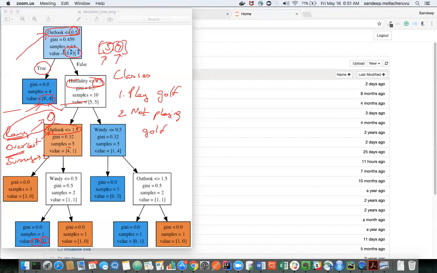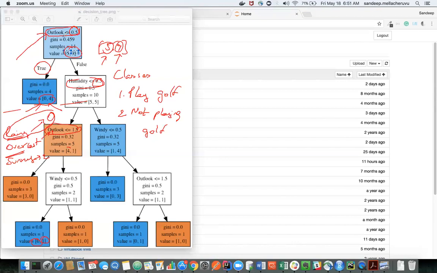So which means that when outlook is rainy, all the time when the weather is rainy, you never chose not to play. That's what it means by 0, 4.